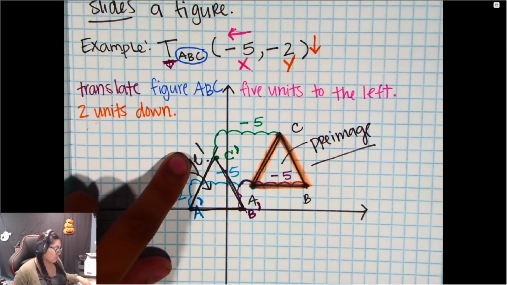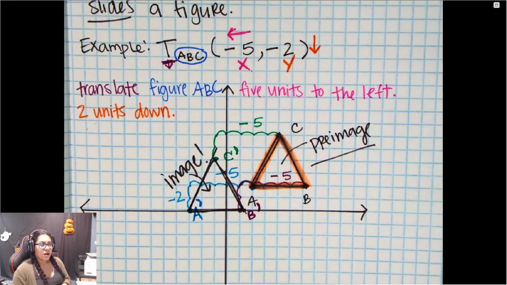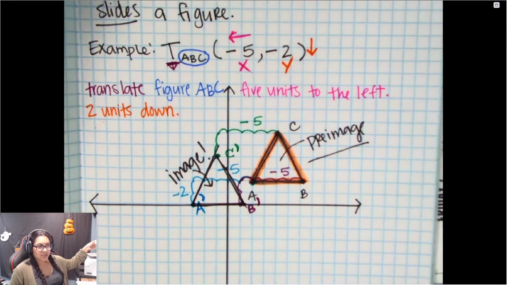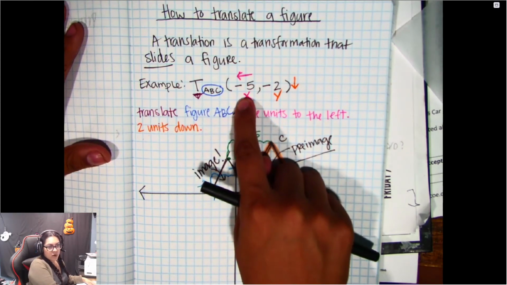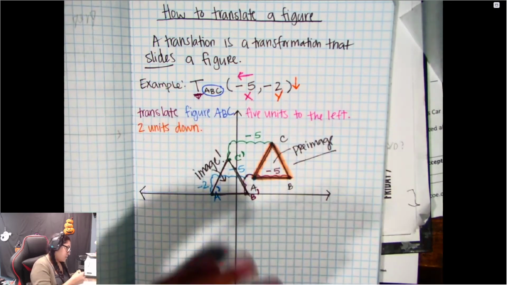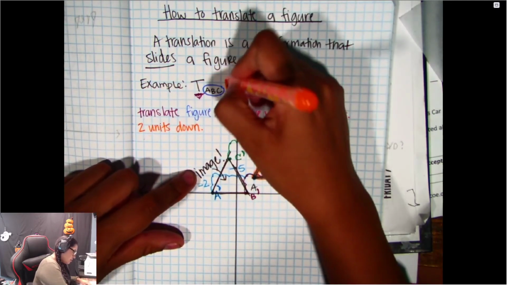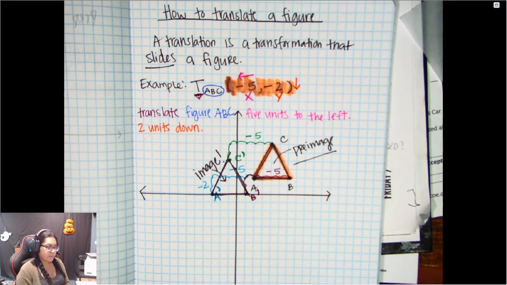I put an exclamation point because I'm excited about it. You don't need to put an exclamation point. Yeah, that's how you translate a figure. It's the same thinking. It just really depends on what movements you're doing. But these points here let you know all of your movements.